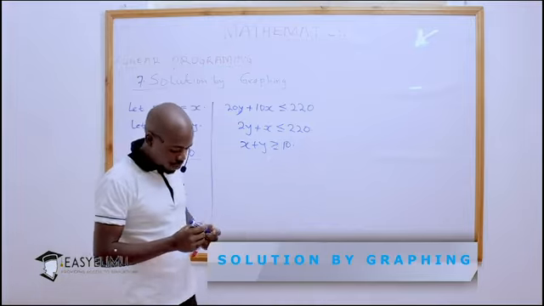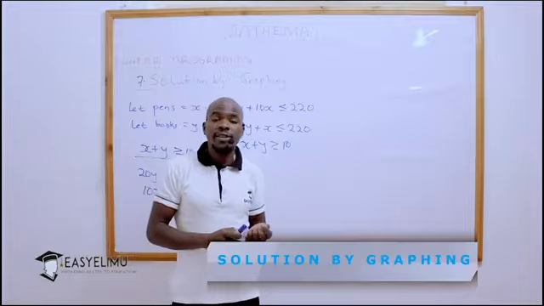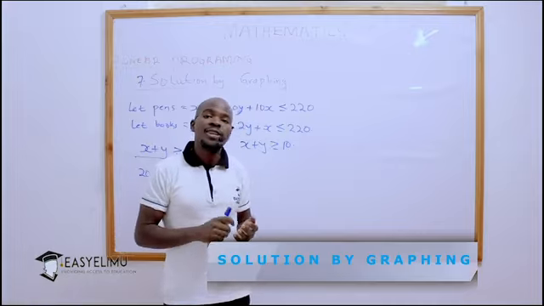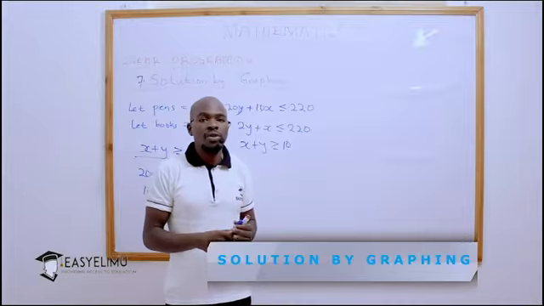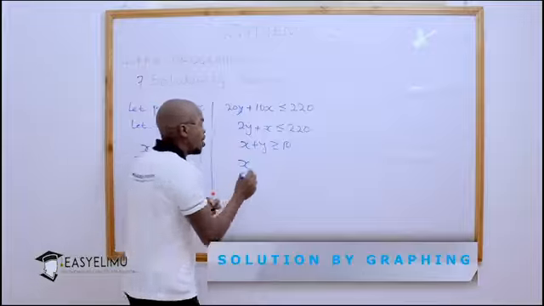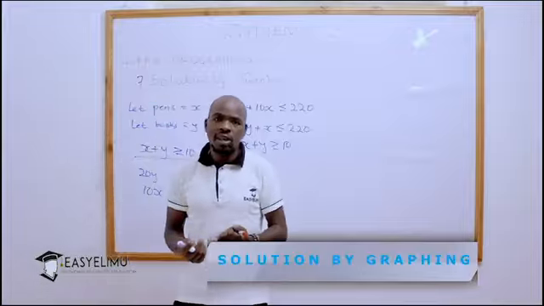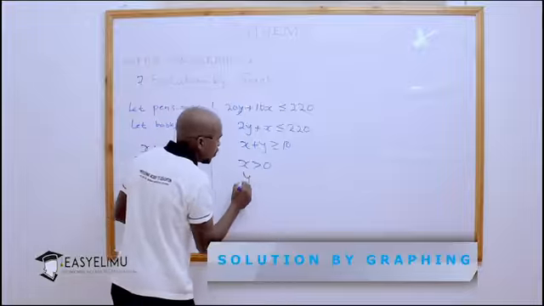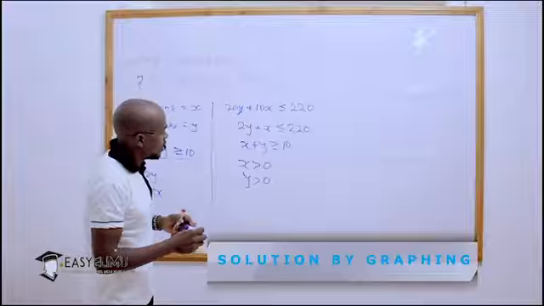But we know from the description, we can comfortably say that if you go to purchase an item, you will at least purchase something. So the number of books purchased will be greater than 0, and the same applies to the number of pens.